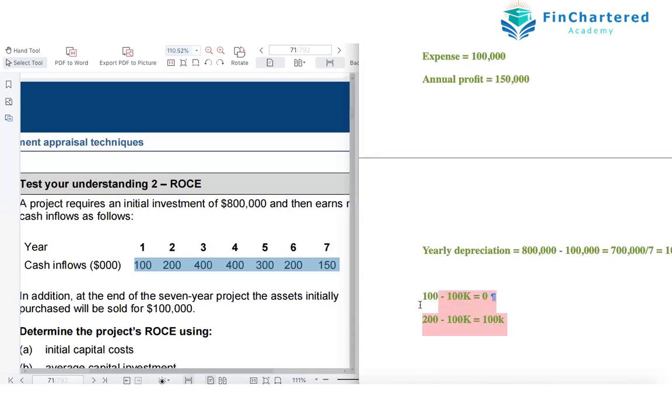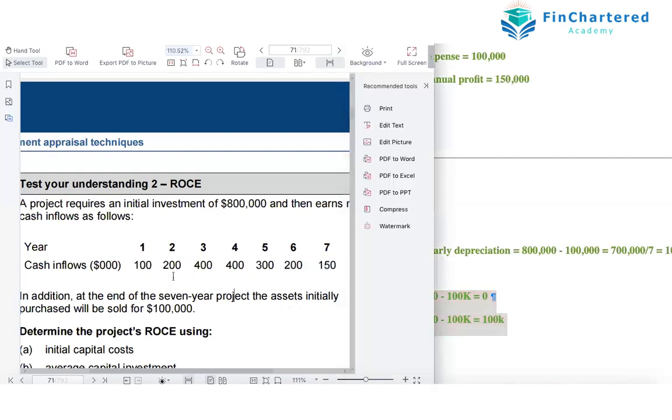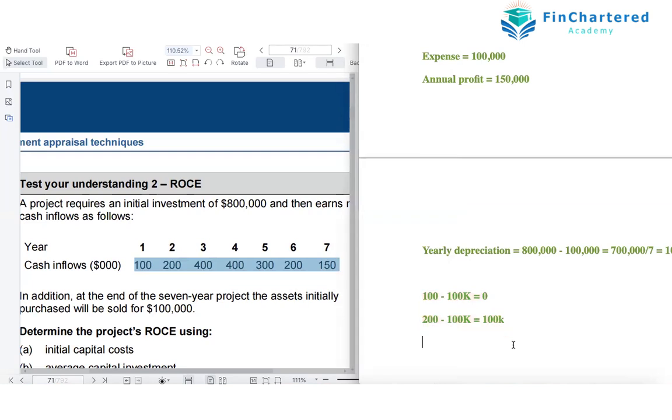So, I understood your question. Can I deduct yearly depreciation from the yearly cash flow to get the yearly profit? You make your life easy. Instead of doing it yearly, just take an average.